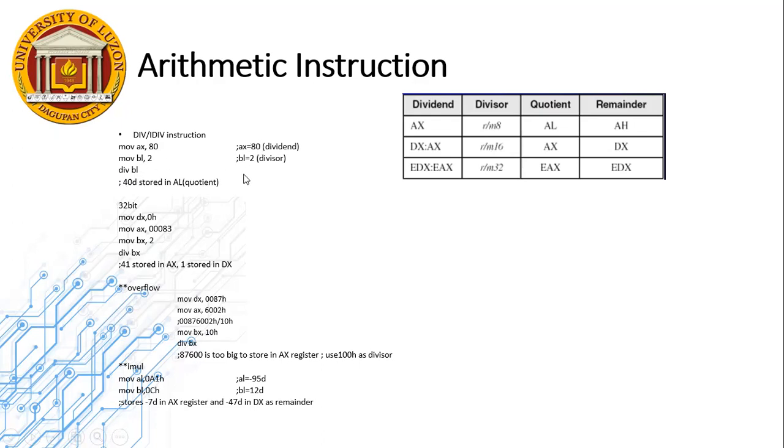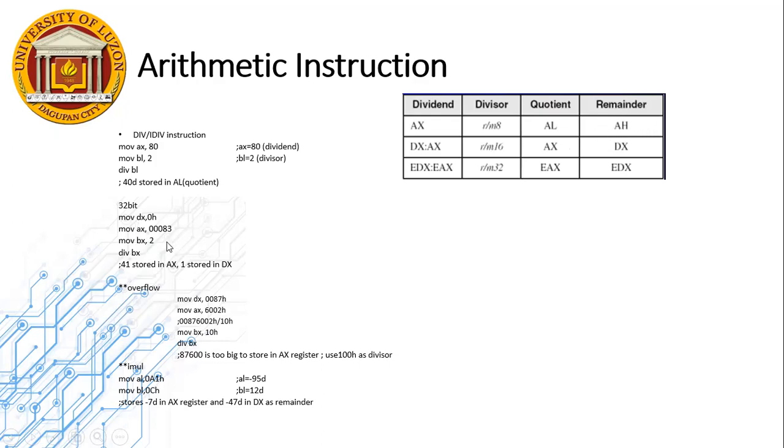So 80 divided by 2 would be 40, and that quotient will be stored in AL based on our table here. And since we don't have a remainder, we will not be storing any value in the AH register.